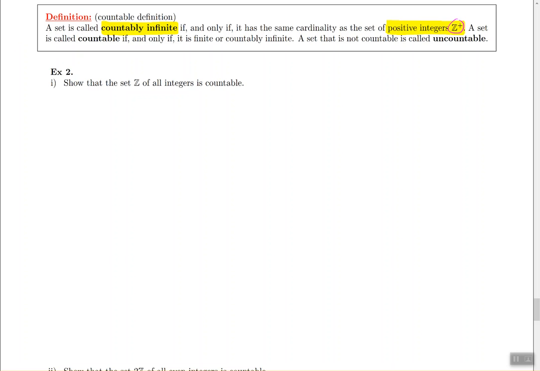And when a set is too big, it doesn't have the same number of elements, maybe more, than the set of positive integers, we say that the set is uncountable. So that means that it is not countable. So every single finite set is automatically going to be countable, but this is talking about infinite sets. So, countably infinite just means that you have the same cardinality as the set of integers that are positive.